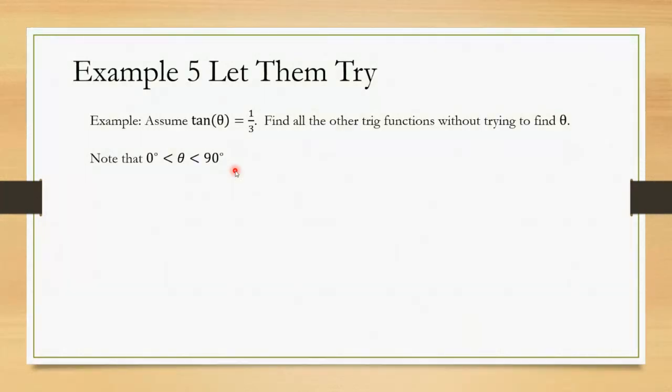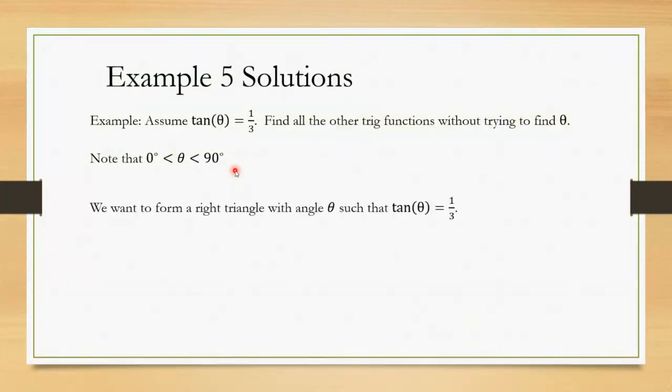We're not going to figure out theta. So, as before, we want to form a right triangle, with theta as one of the angles besides the 90-degree one. Basically, we want to form a right triangle so that this is true.